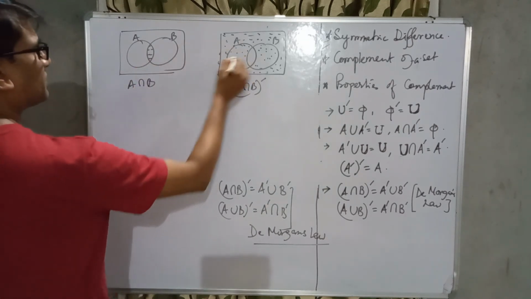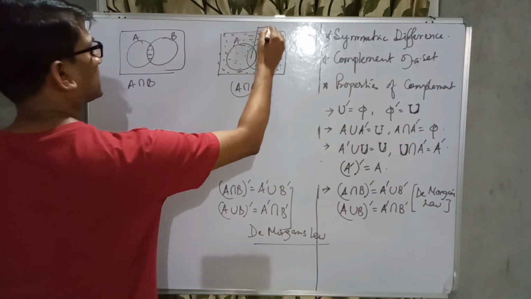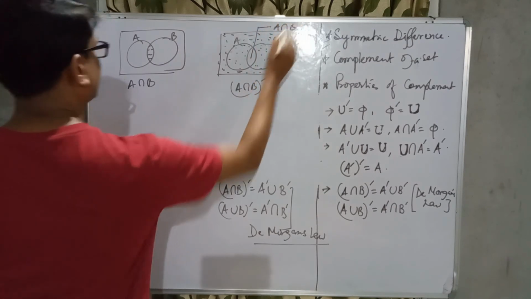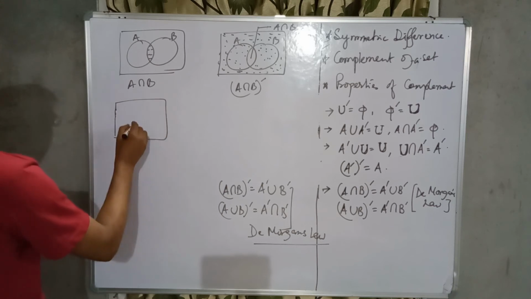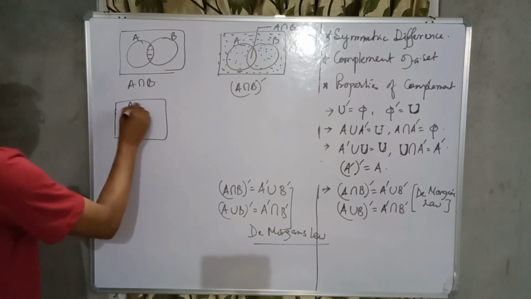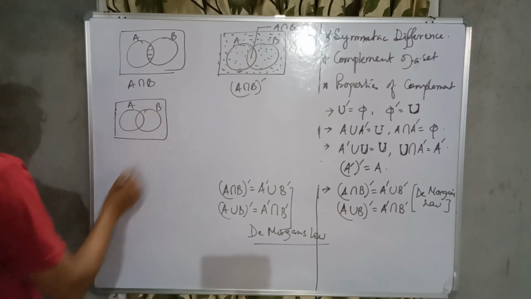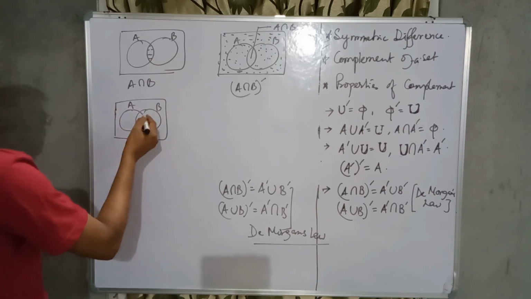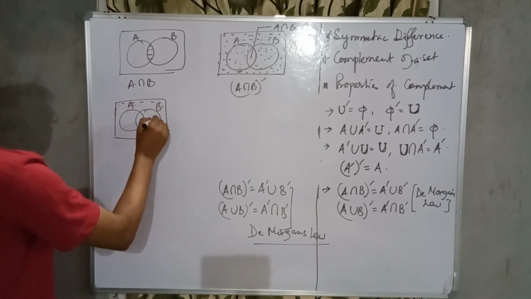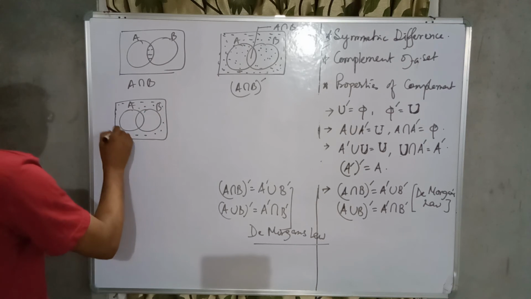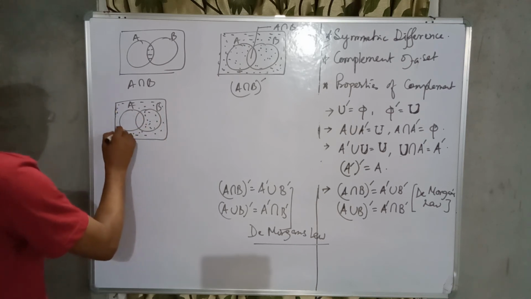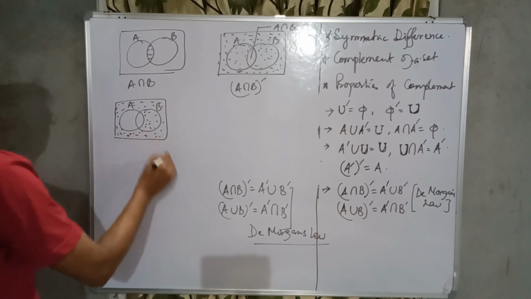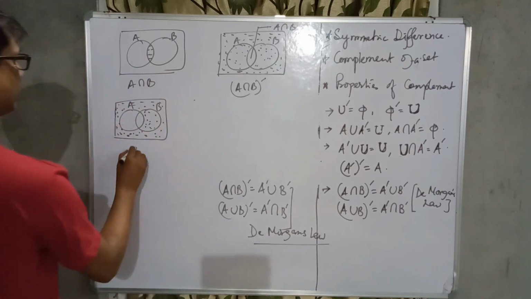This part is A intersection B. Now what is A complement? This is A, this is B. A complement belongs to the universal set but does not belong to A, and this is A complement.